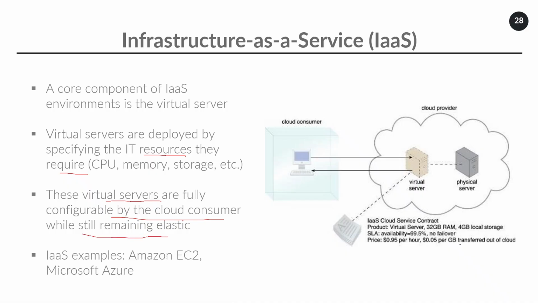And when you are the cloud consumer renting the virtual server from a cloud provider, you are responsible for its management. It's your server, but it's running on the cloud, basically.